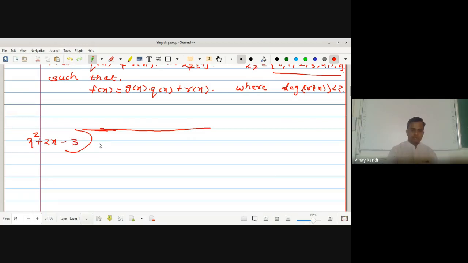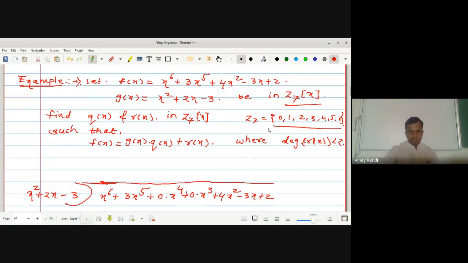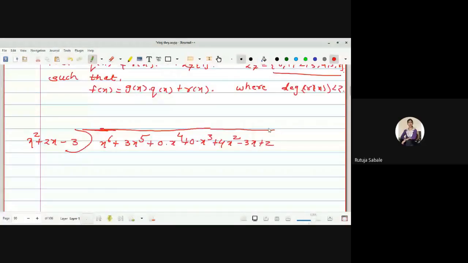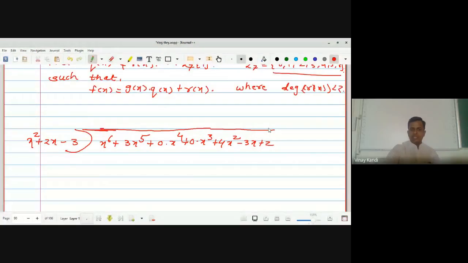What is f of x? x raised to 6 plus 3x raised to 5 plus, now the coefficient of x raised to 4 is not there, that is why we write 0 into x raised to 4 plus 0 into x cube plus 4x square minus 3x plus 2. So this is f of x. Okay, any doubt? No, sir. Can you solve it? Tell me what the remainder is and what the quotient will be.